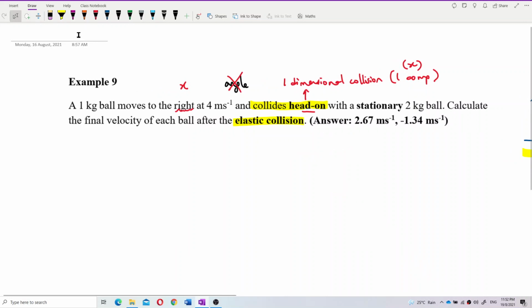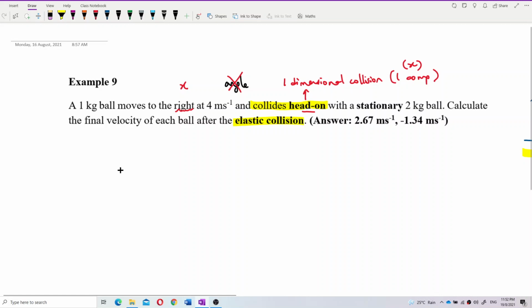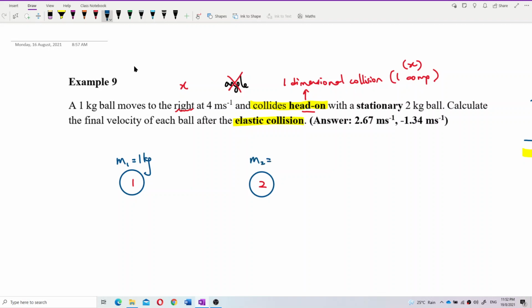Okay, so we have ball 1 here. Maybe we can draw out the situation. This is ball 1, and we have another ball here, stationary. So this is ball 1, this is ball 2. Mass 1 is 1 kilogram, and mass 2 is 2 kilogram.